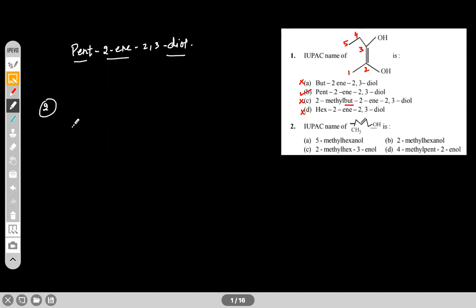We have CH3, OH, a double bond, and here a CH3 and another CH3 present here. Okay, this is the molecule we have.